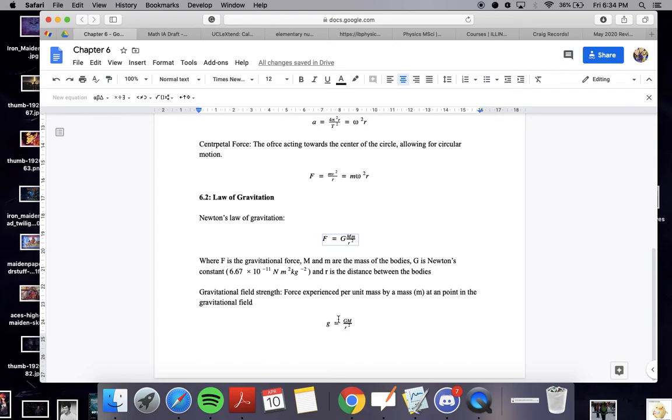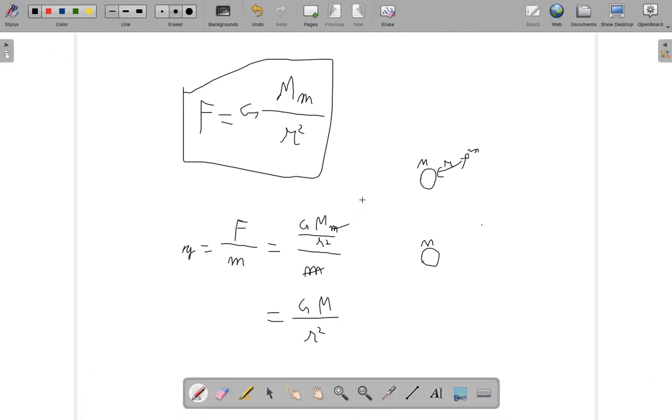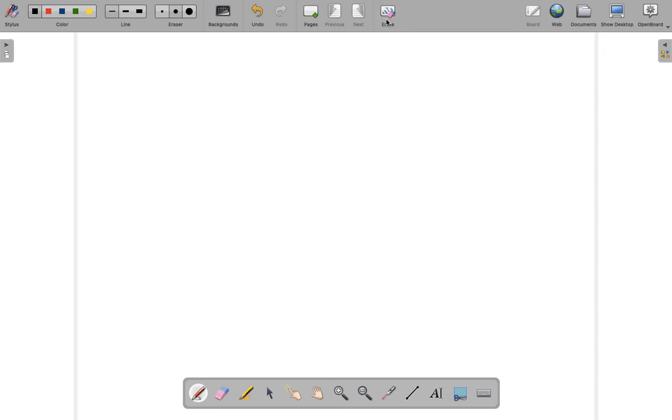There's one more thing I'd like to go along with you guys. Here's something that could potentially get asked: orbital motion. So they can ask you something like, let's say you have a planet over here and then a satellite.